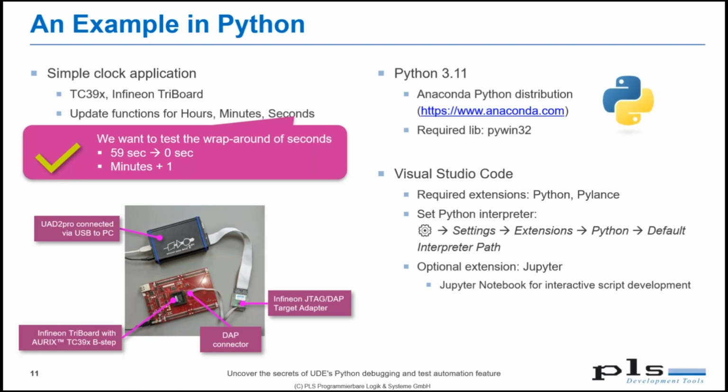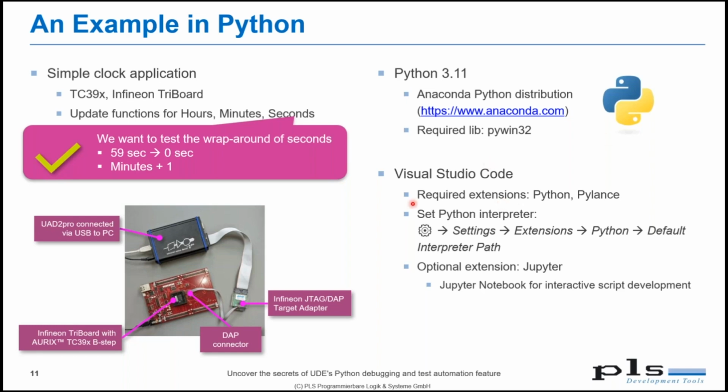For writing the script using Visual Studio Code, we also need some additions to this editor. They are named extensions, and I use Python and Pylance as the extensions for Visual Studio Code that need to be installed before you can use Python in Visual Studio Code. Because Visual Studio Code has no Python interpreter, you have to set an external interpreter so that you can use Python from within Visual Studio Code.